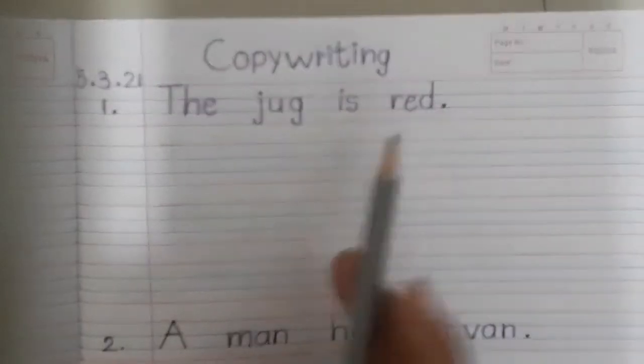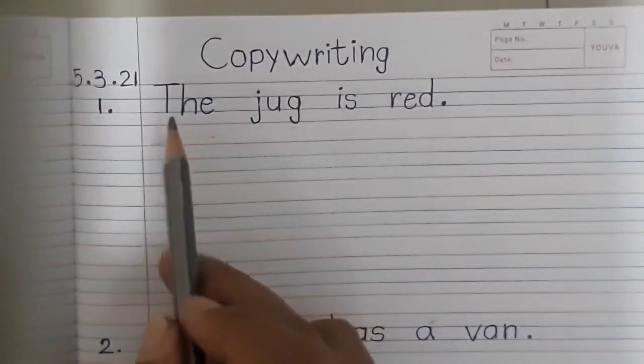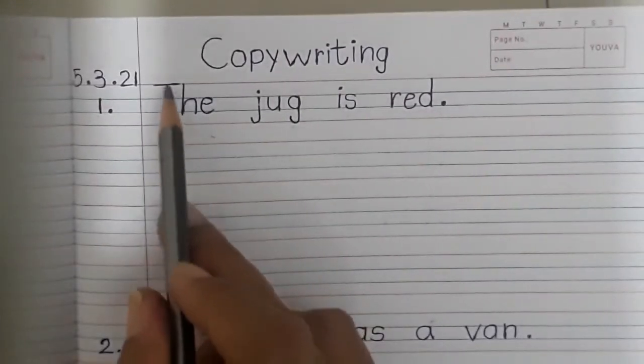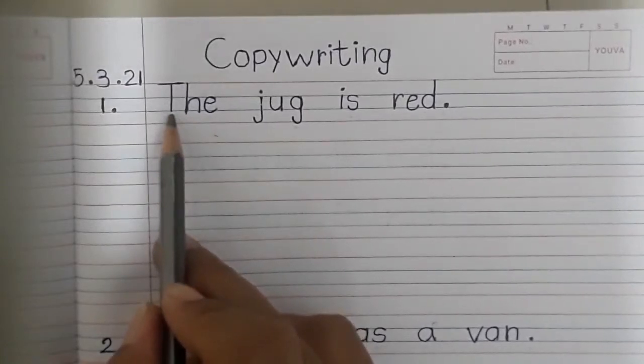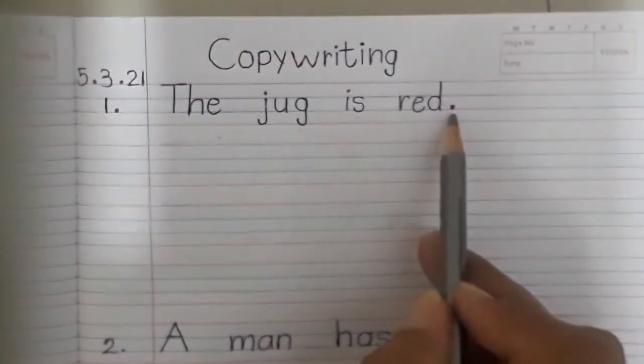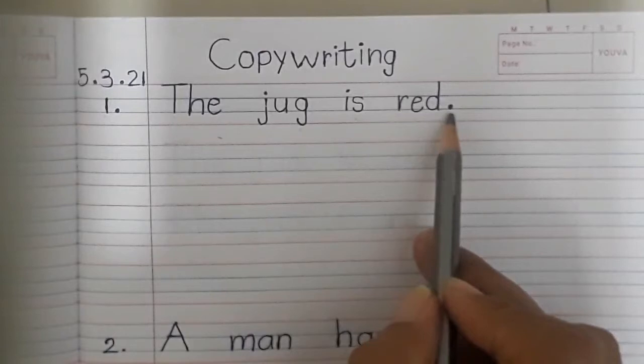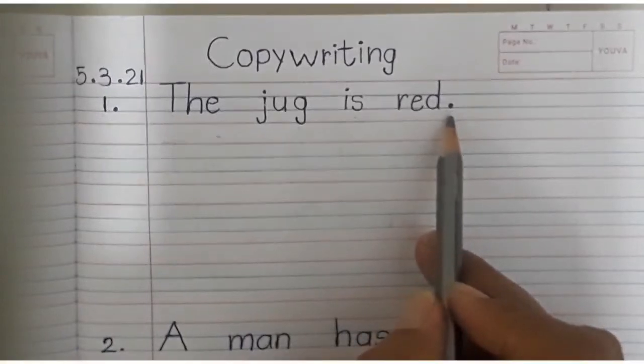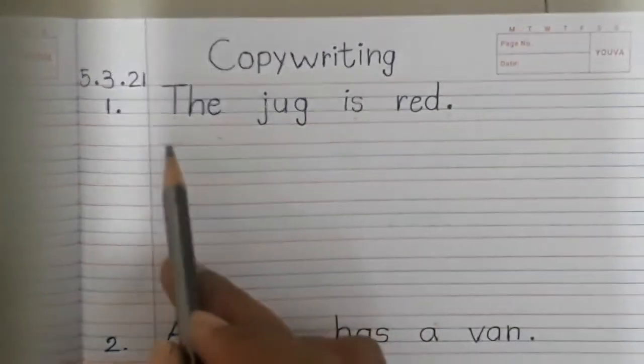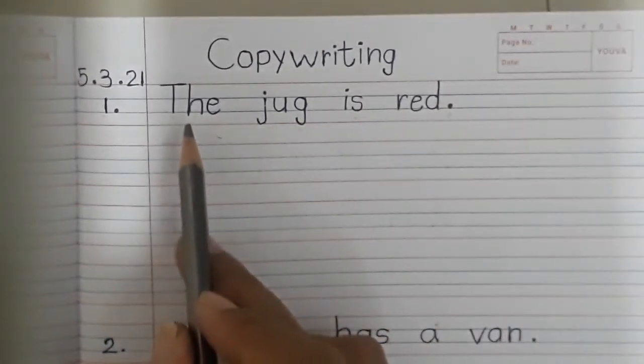Here is the first sentence. Remember that you have to write the first letter of a sentence in capital and put full stop at the end of the sentence. Okay? So let's start. First we will read this sentence.